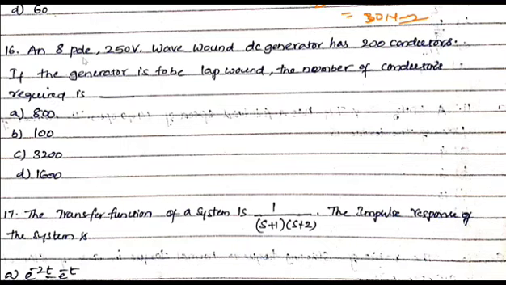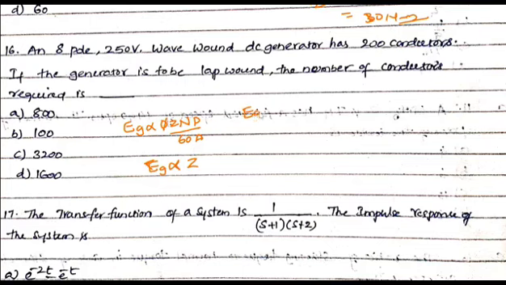Here observe, in an 8 pole machine the general formula is Eg is proportional to phi ZNP by 60A. For a lap connected winding, when P is equal to A, it depends upon the number of conductors only.